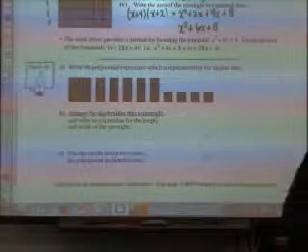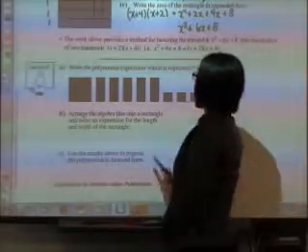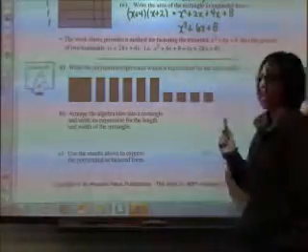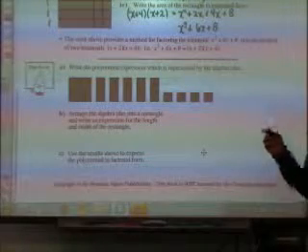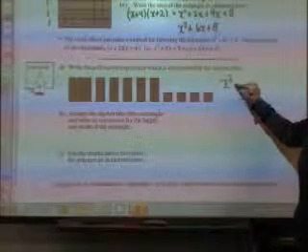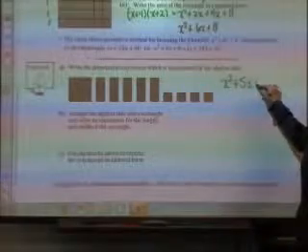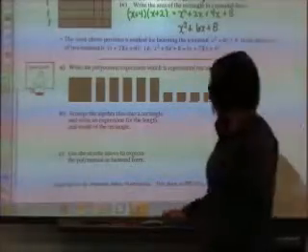What polynomial do I have represented with these tiles? X squared plus 5x plus 4. On the next screen, x squared plus 5x plus 4. What I want you to do is arrange them into a perfect rectangle.